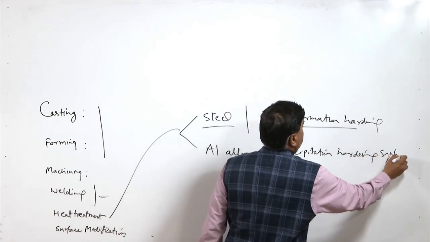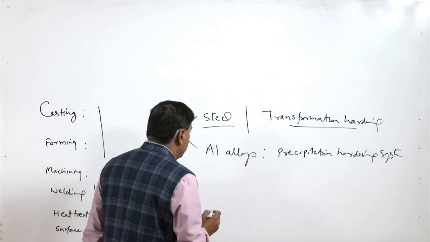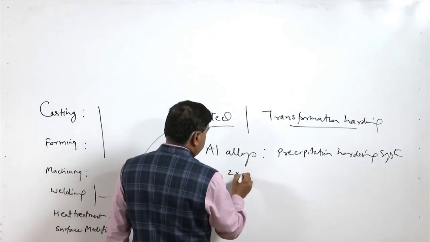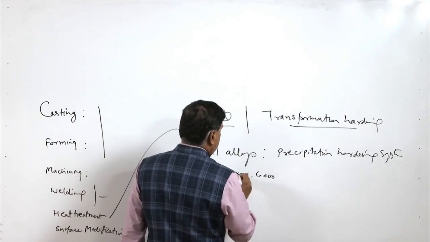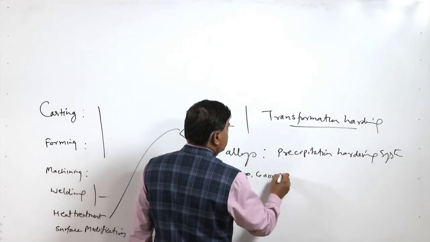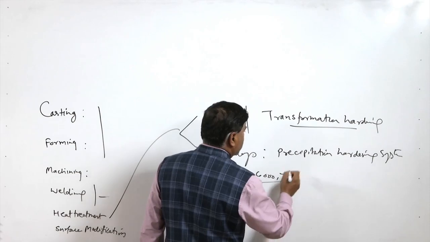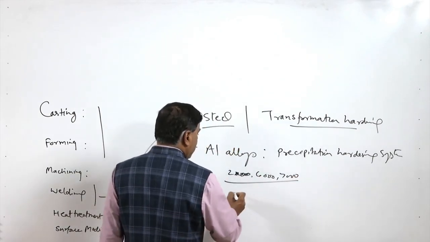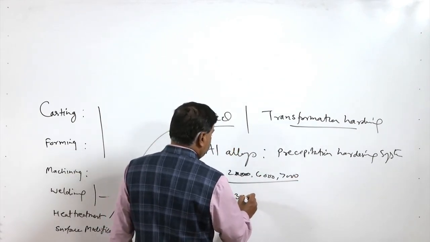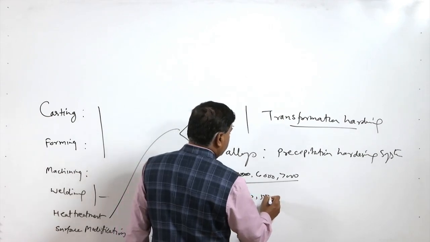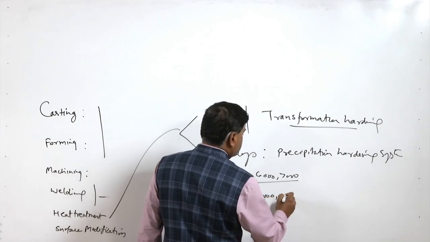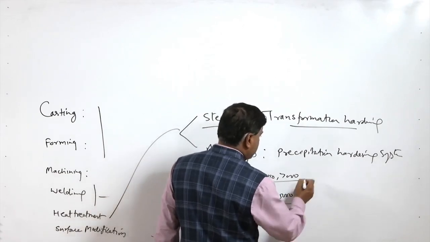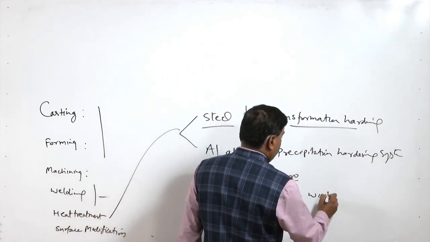systems, although there are some systems which are work hardenable. The 2000, 6000 and 7000 series aluminum alloys are precipitation hardenable. On the other hand, 3000, 4000 and 5000 series aluminum alloys are work hardenable.